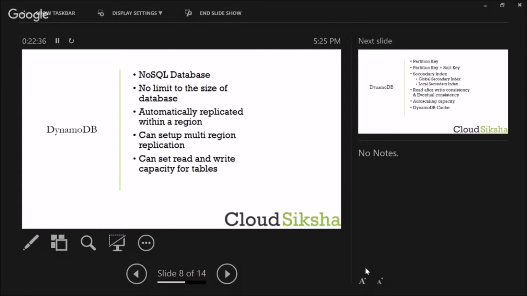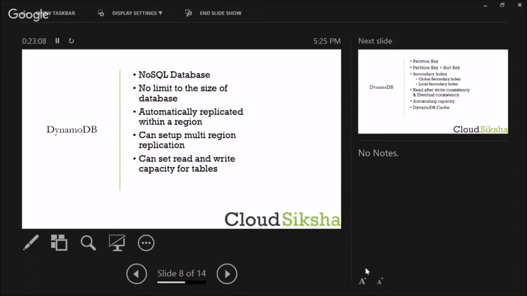In RDS, you have to specify the size of the disk that you want. And the size of the database that you can deal with depends on which database you're dealing with. Like Aurora deals with a larger disk size, and MySQL would deal with a smaller one. Like some things can go to 32 terabytes, some things can go to 16 terabytes, and so on. Whereas in DynamoDB, there is absolutely no limit.